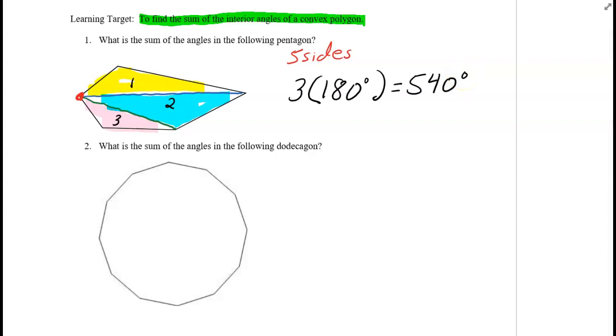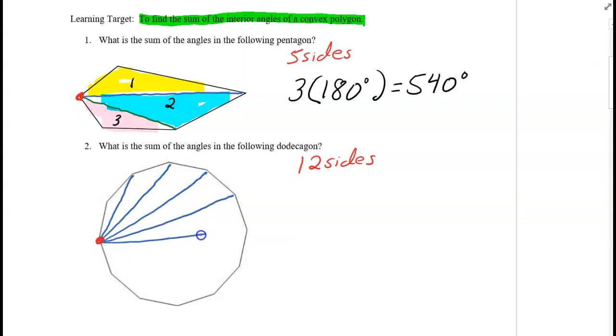Let's repeat that for problem number 2. We have a dodecagon, and a dodecagon has 12 sides. I'm going to put this red dot and start drawing the diagonals from the red dot. And I'm going to continue to do that, drawing the different diagonals from the red dot.